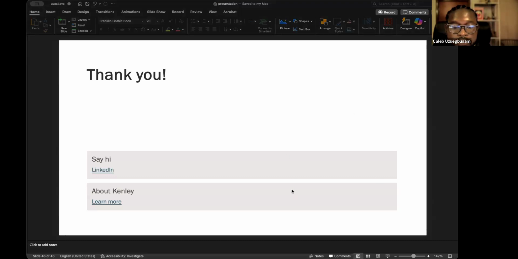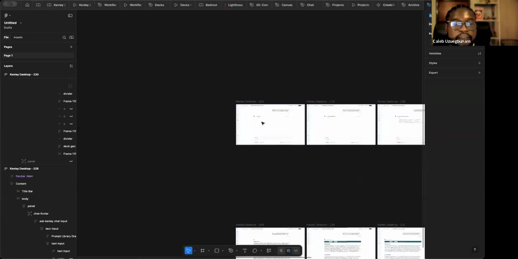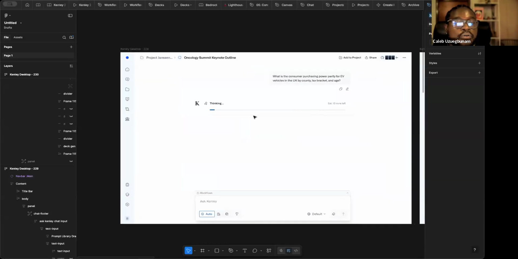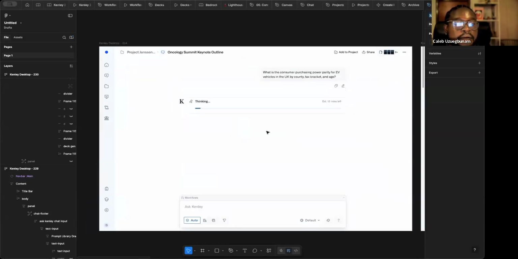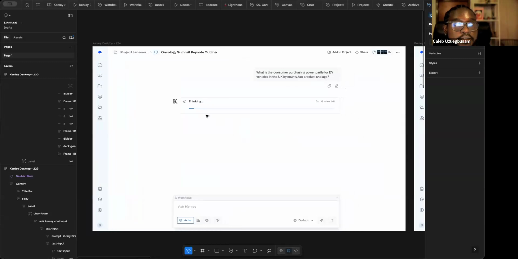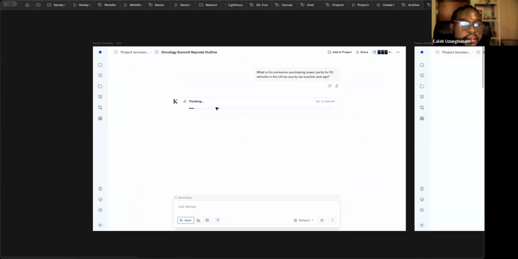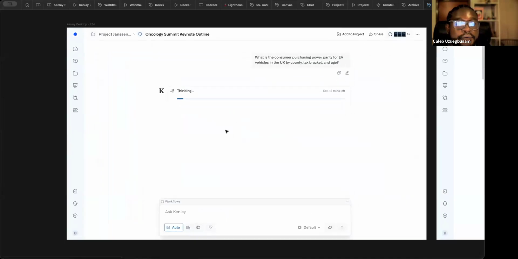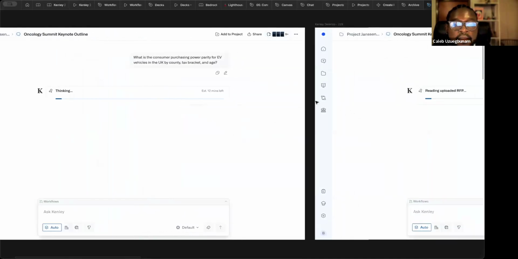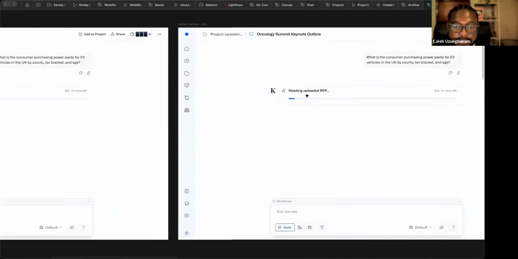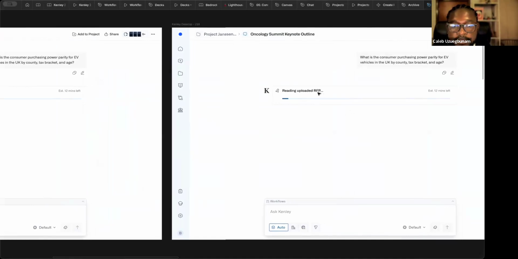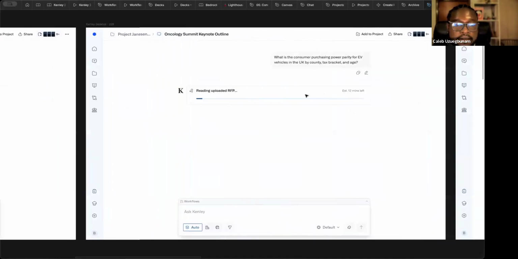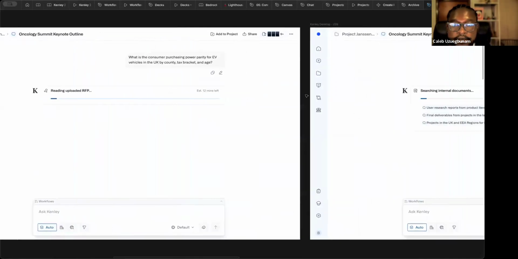share something I wanted to share earlier about making reasoning models transparent. Here is an example of what the reasoning model in Kenley looks like, where once you ask a question, it tells you how long it's thinking for and then what actions it's actually taking. So maybe you uploaded an RFP and it's telling you, oh, I'm reading the uploaded RFP at the moment, please wait.